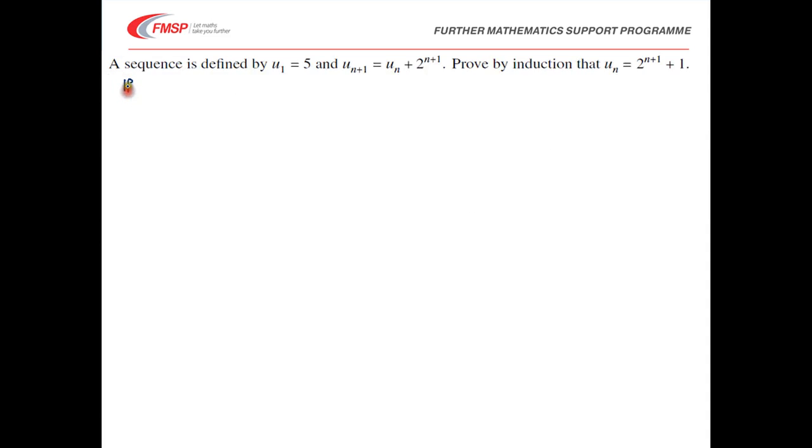So first step, as always, if n equals 1, u1 is equal to 2 to the 1 plus 1 plus 1, which is 4 plus 1, which is 5, which is the given value. You're told that u1 is 5. So the result is true for n equals 1.